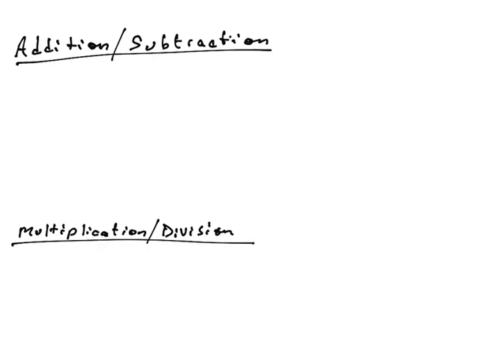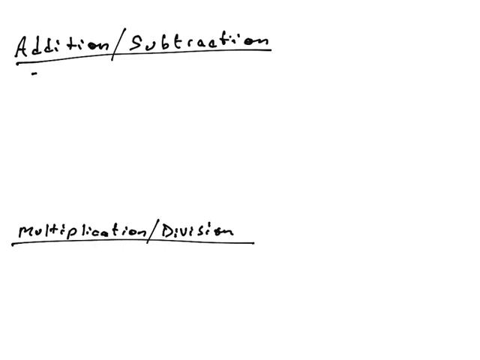All right, so for addition and subtraction, the rule goes like this. When you add numbers together, the final answer should have the same number of decimal places as the number with the least number of decimal places. Okay?